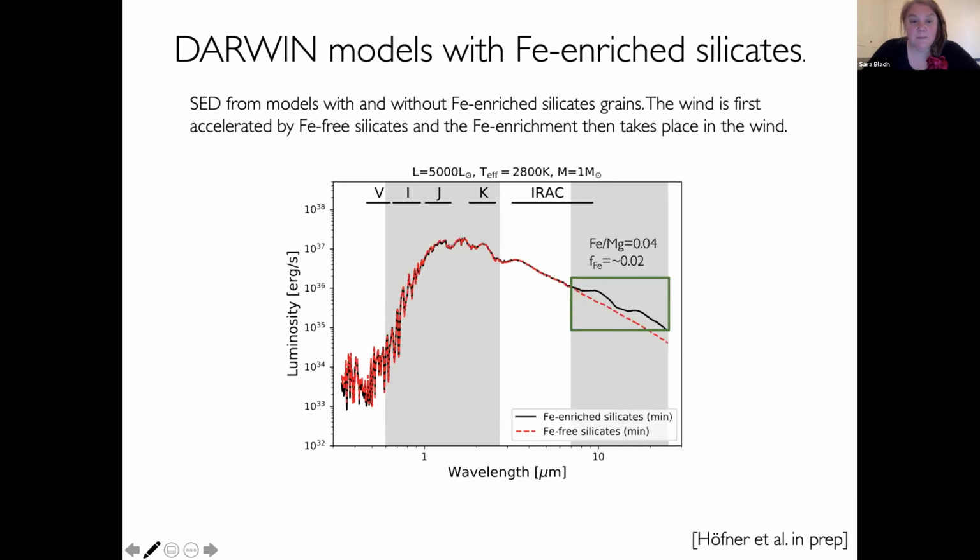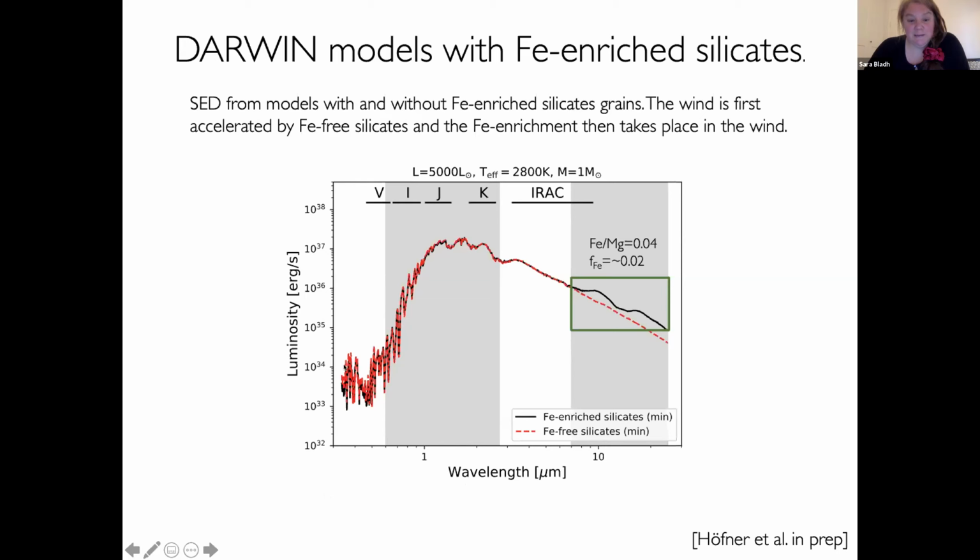One of the problems with the models using only iron-free silicates is that they produce spectra without the silicate features.